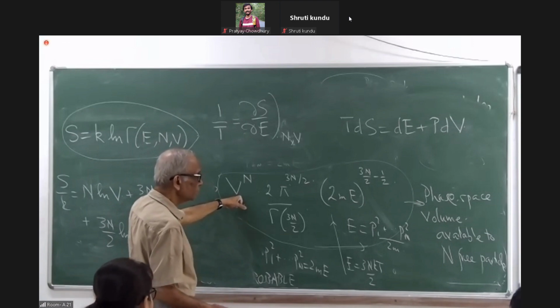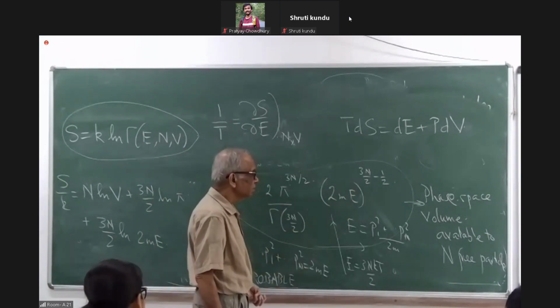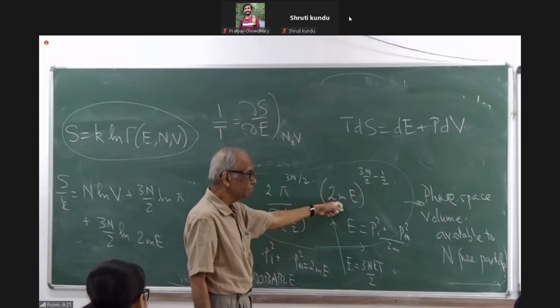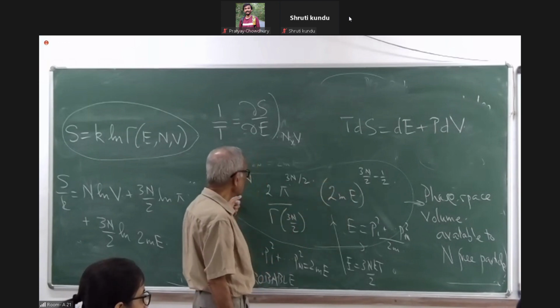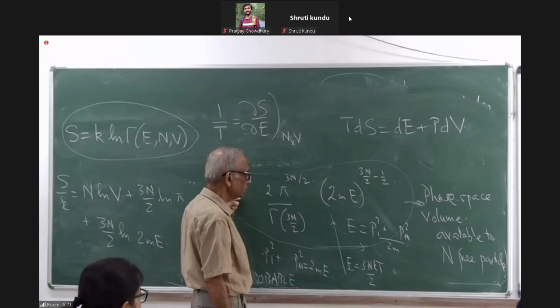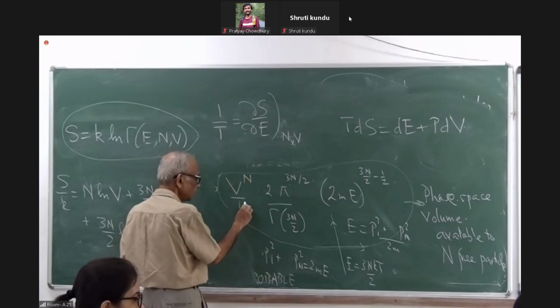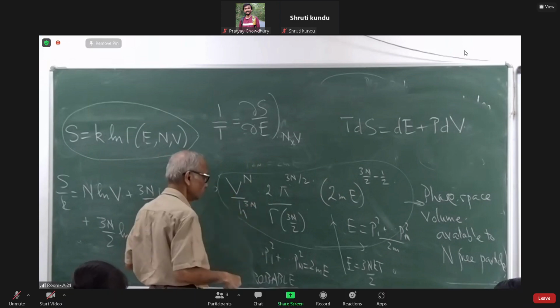This has to be a dimensionless number, since it's a number of states. So mE is like p squared, so this is p to the power 3n, this is x to the power 3n. In principle, the number of states would have an h to the power 3n.